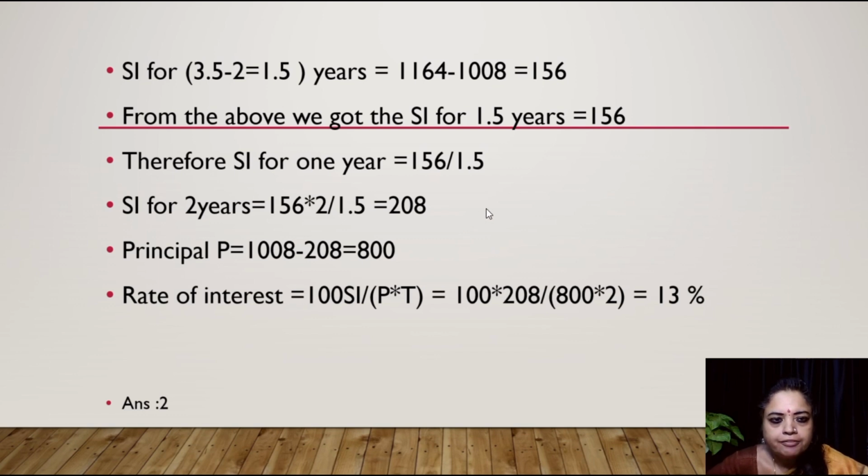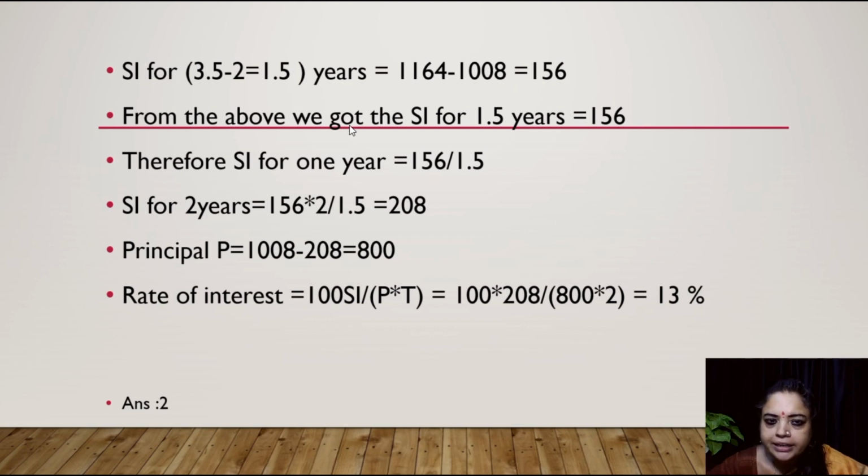So you are given the amount for 2 years and the amount for 3.5 years, and we subtract the two. So the simple interest can be calculated for 3.5 minus 2, that is 1.5 years, which is equal to 1164 minus 1008, which is 156.